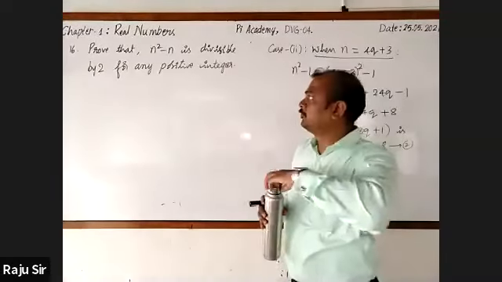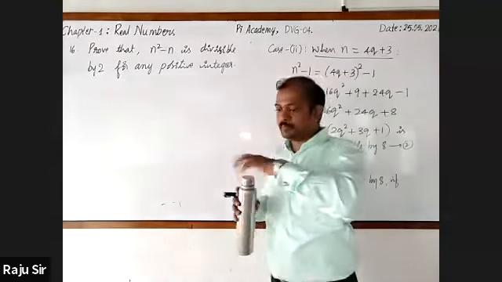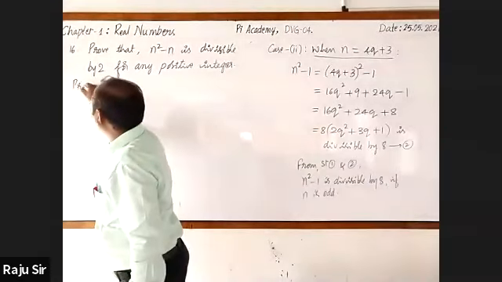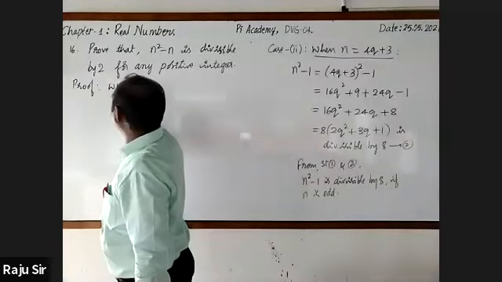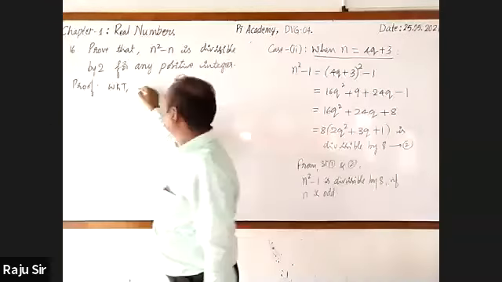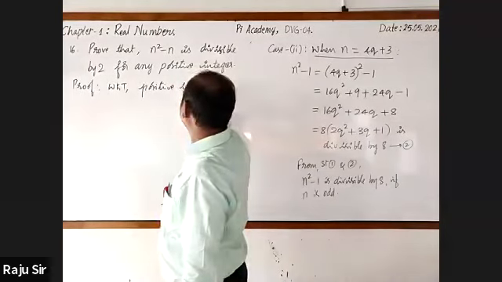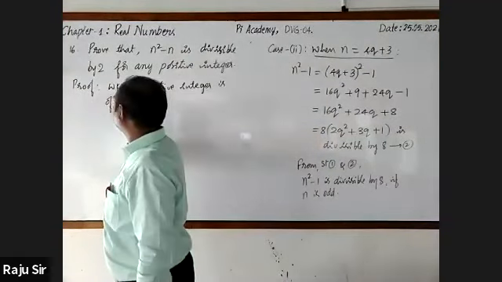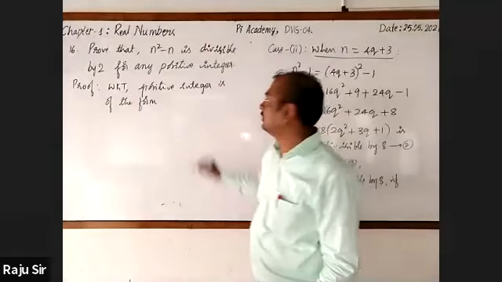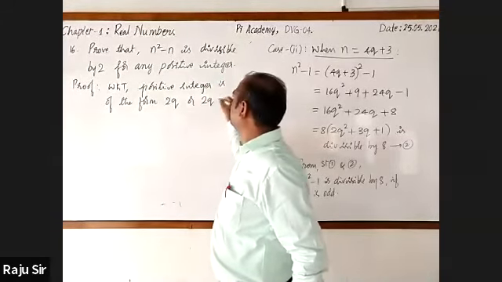Proof. We know that any positive integer is of the form 2q or 2q plus 1.